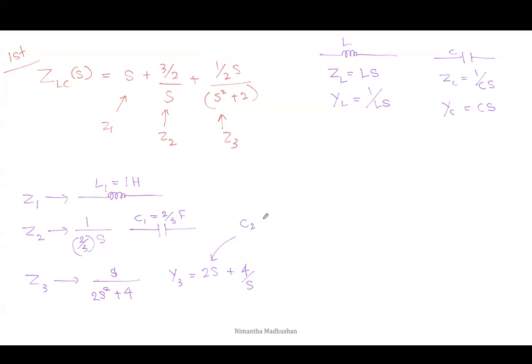Then it is C2, value is 2 farad. And when I consider this one, I can rearrange it as 1 over 4s. It is more like an inductor. L2 value is 1 over 4 henry. This is a combination of two admittances. Then these two elements are connected in parallel.